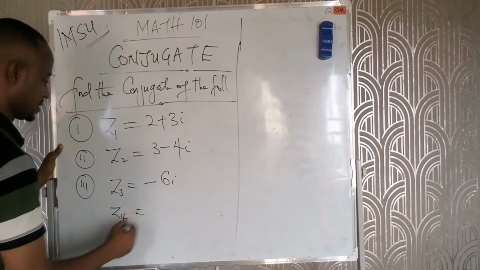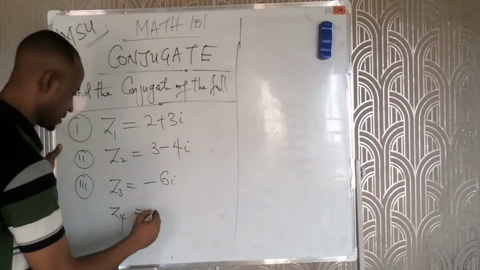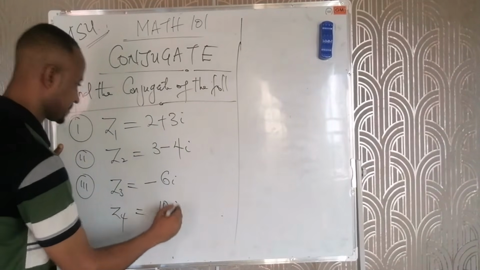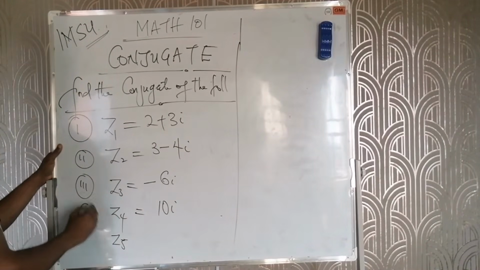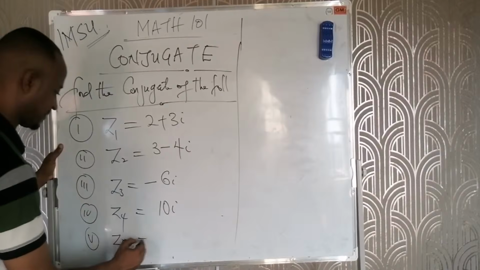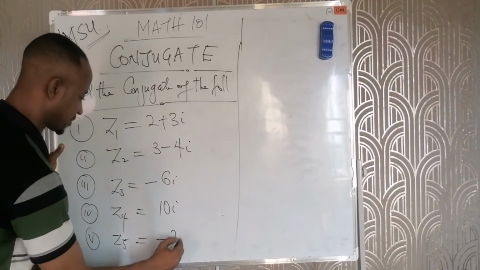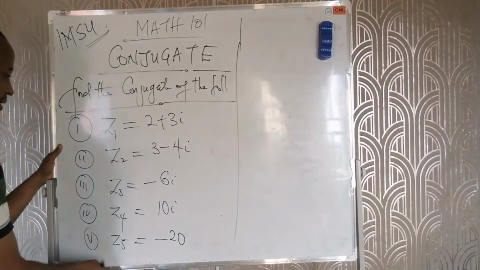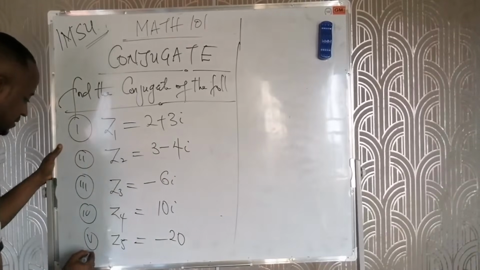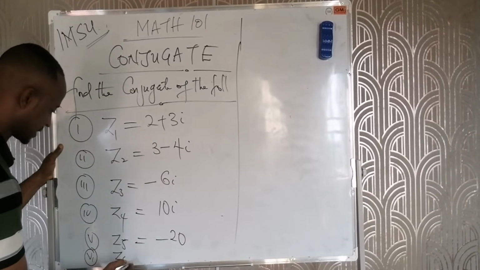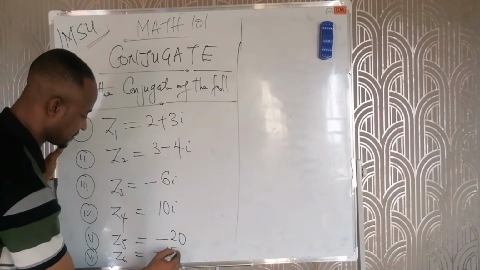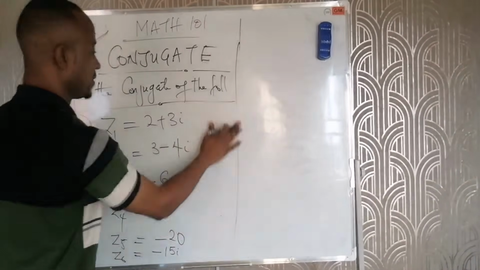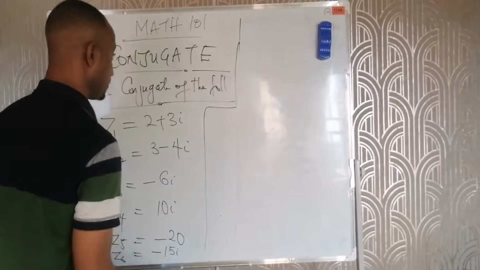Z4 equals 10i. Number 5, Z5 equals minus 20. Okay, let's say here we have Z6 equals minus 15i.